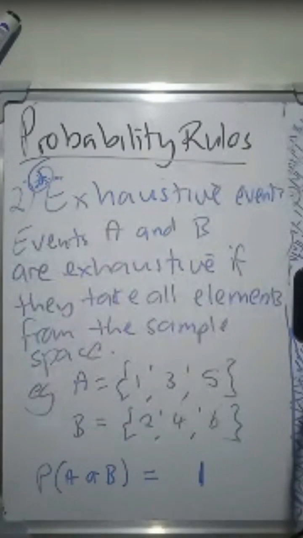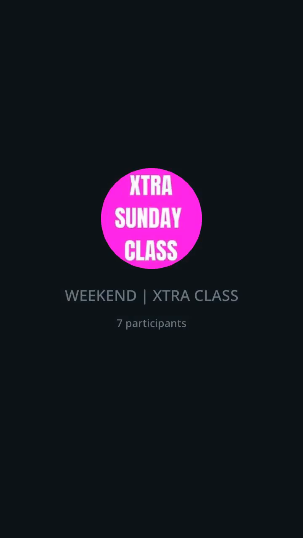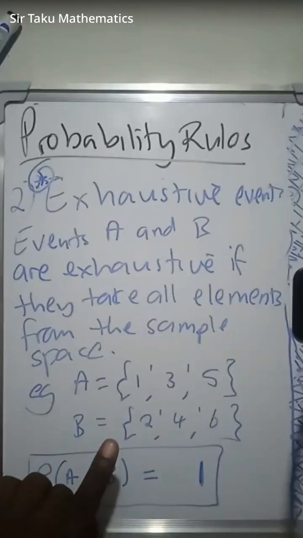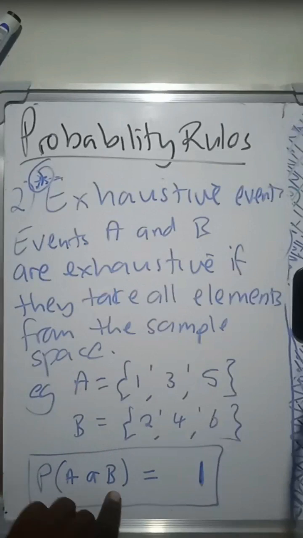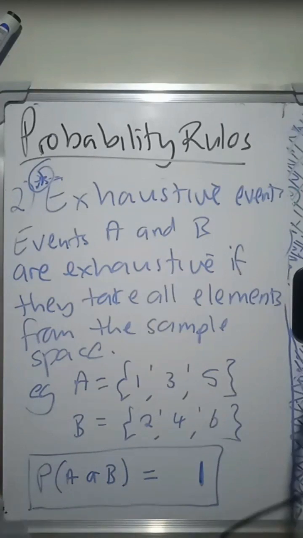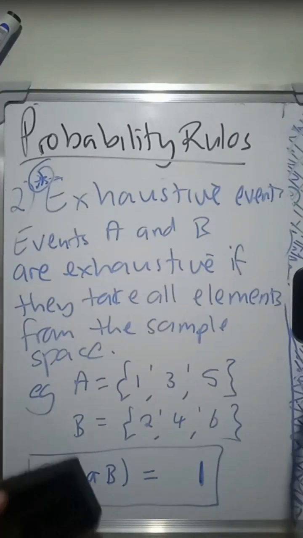Okay? So this is very, very important. For exhaustive events, if A and B are exhaustive, then probability of A or B is equal to 1.